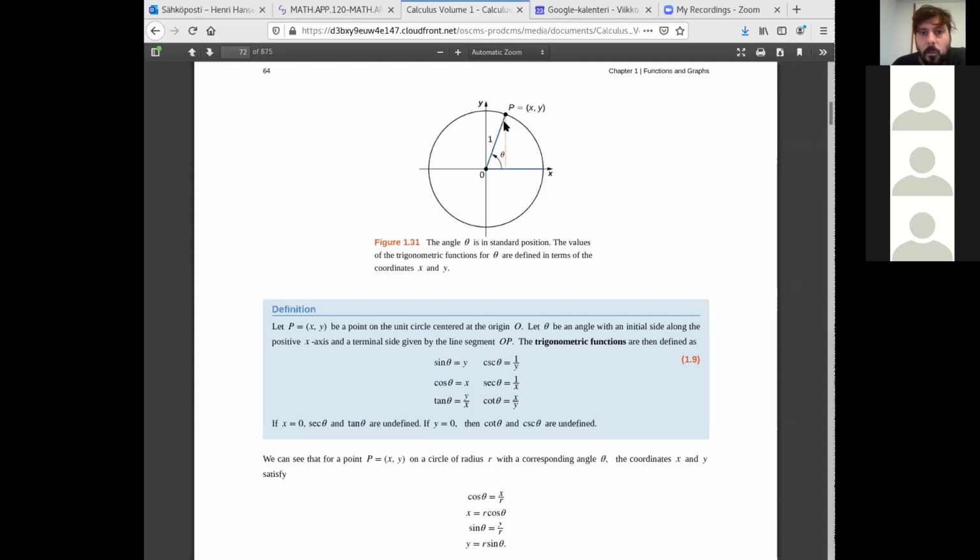In this case, because the hypotenuse in this triangle is always 1, it's simply y over 1, which is y. So if you've learned the characterization of sinus and cosinus in right triangles instead of the unit circle, it results in exactly the same thing, obviously.